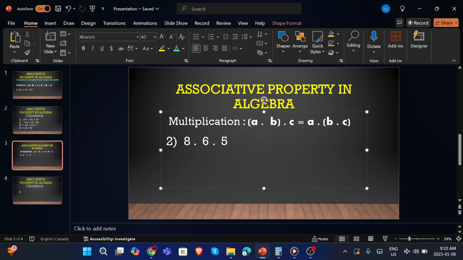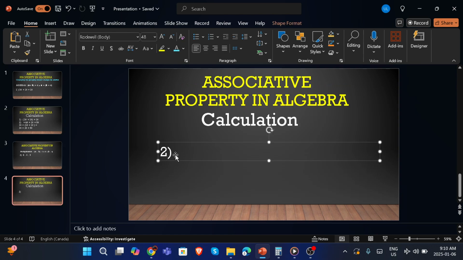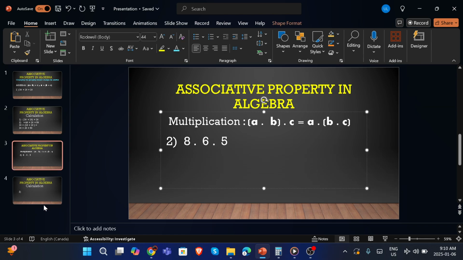So to do the associative property in algebra for multiplication, we're going to follow the same steps, which was a times b first. Both of those values or variables are grouped together, right? Our problem was 8 times 6 times 5.